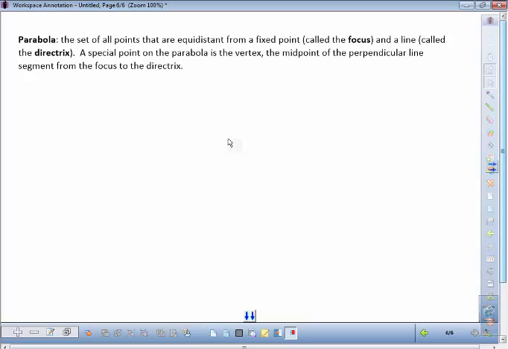A parabola is the set of all points that are equidistant from a fixed point, called the focus, and a fixed line, called the directrix. And there's a special shortest distance between the point and the directrix that's going to be called the vertex.